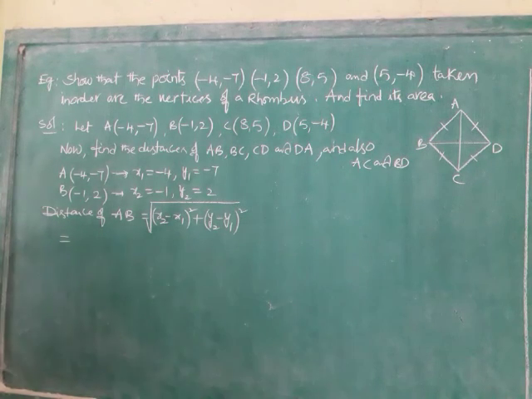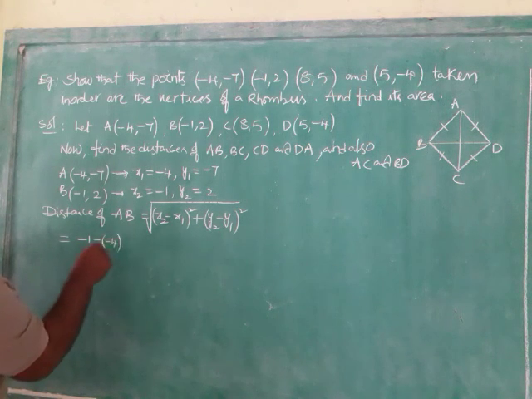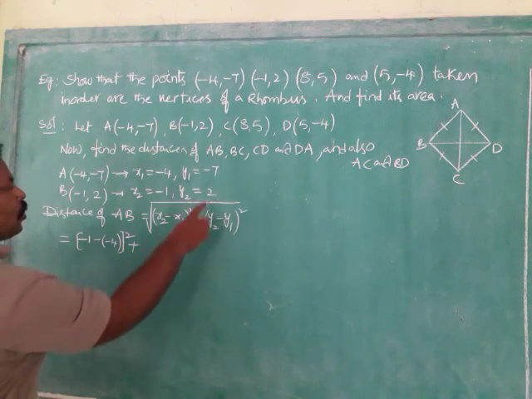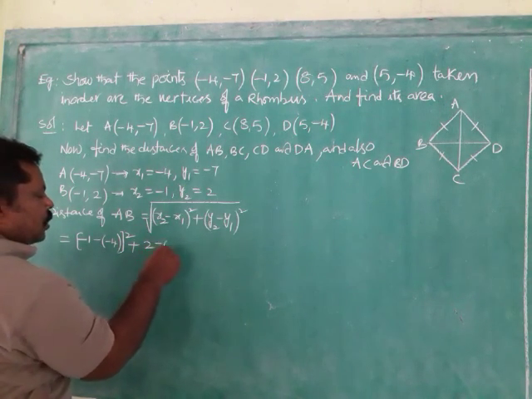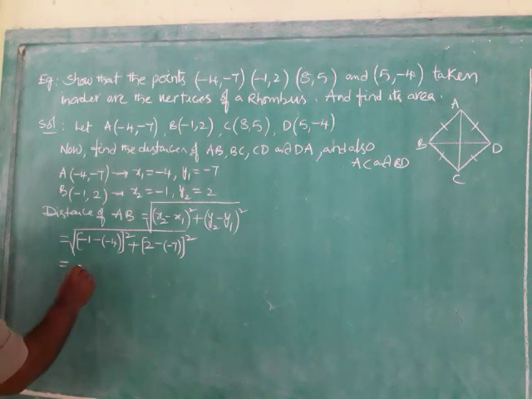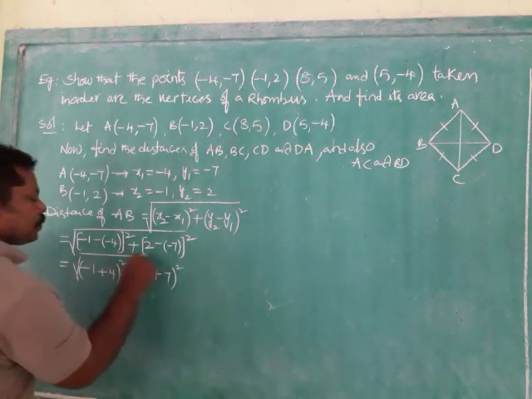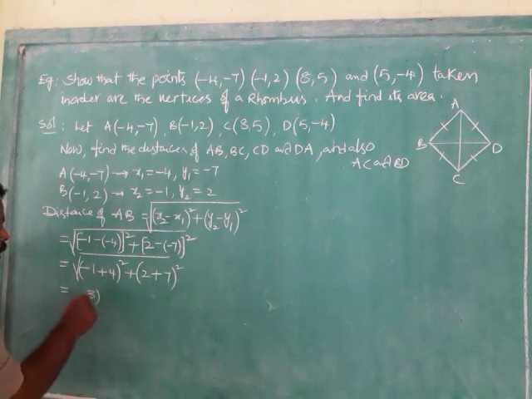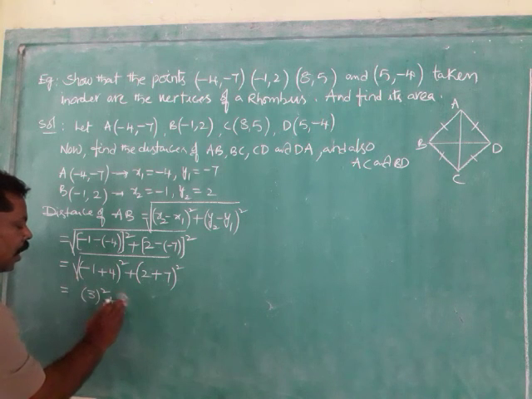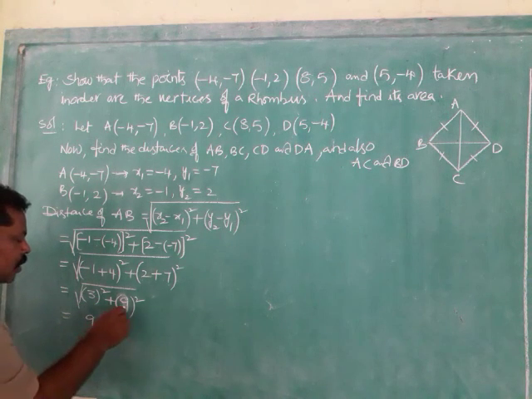Now, x2 value is minus 1 minus x1 value minus 4, minus of minus, whole square, plus y2 value 2 minus y1 value minus 7, minus of minus 7, whole square, under the root, which is equal to the square root of minus 1 plus 4, that is 3 square, plus 2 plus 7, that is 9 whole square. 3 square means 9, plus 9 square means 81.